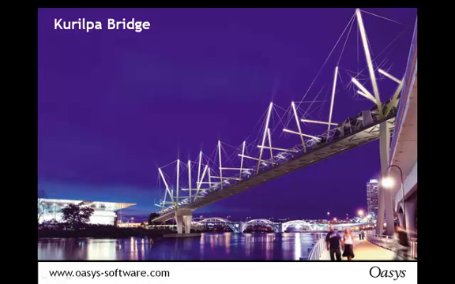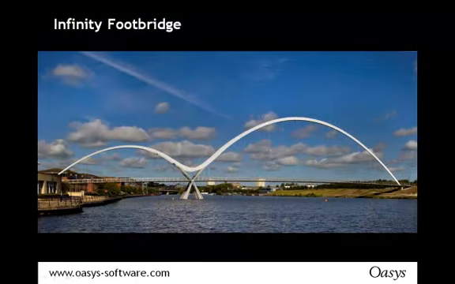It does work, but the structural mechanism is quite cleverly hidden amongst all those cables. And there's another example, the Infinity Footbridge, the longest footbridge in Britain, which is also winner of the Institution of Structural Engineers Award last year for supreme engineering.